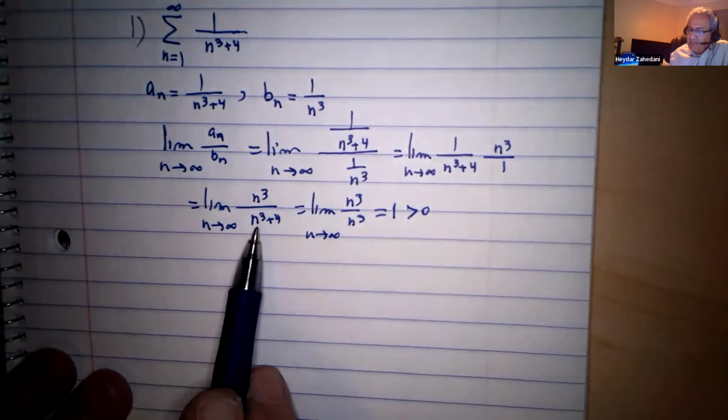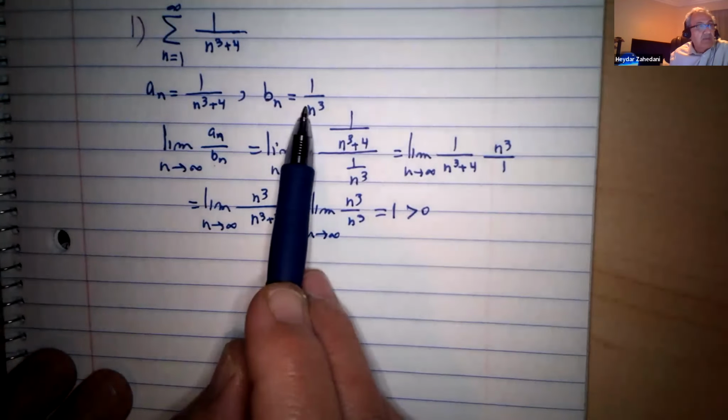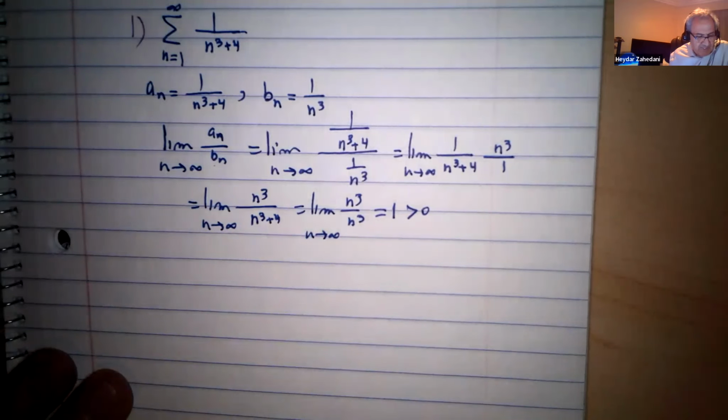So the bottom one, sigma of 1 over n cubed, is a P series.